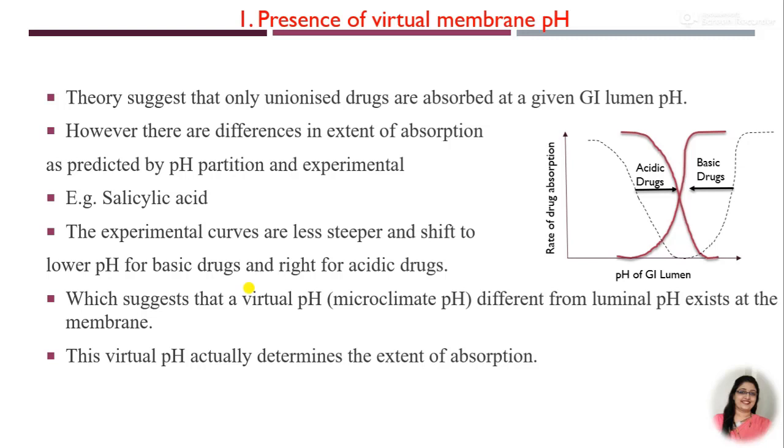So apart from the pH of the compartment on either side of the membrane, there is a microclimate pH, and this pH is different from the luminal pH. And basically this virtual pH determines the extent of absorption and not the pH of the membrane.